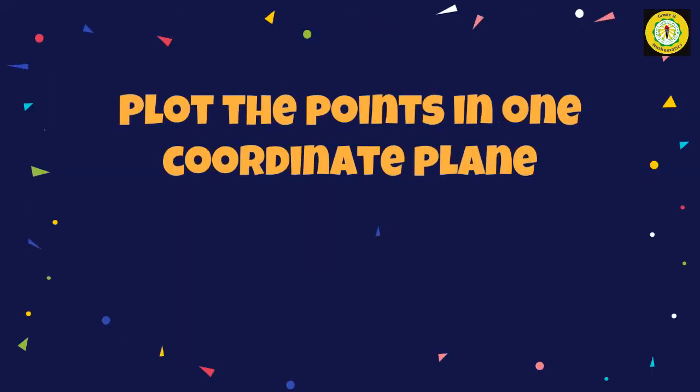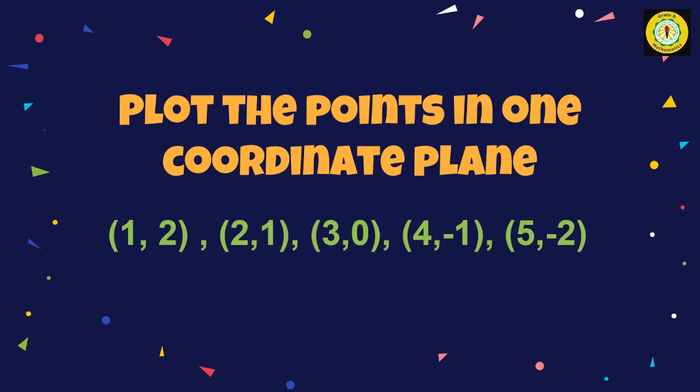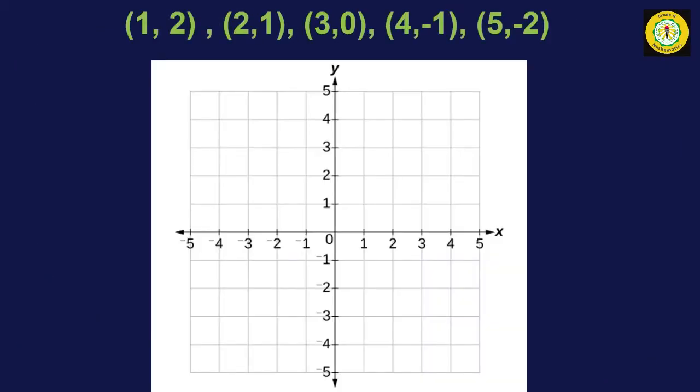Plot the points in one coordinate plane. So let's plot the points of the linear equation x plus y equals 3. We have (1, 2), (2, 1), (3, 0), (4, -1), and (5, -2).